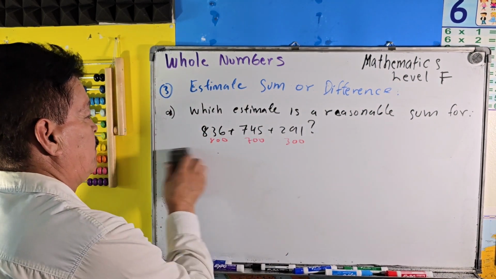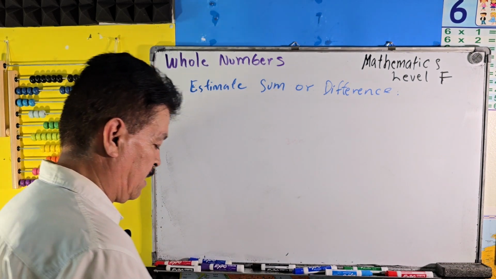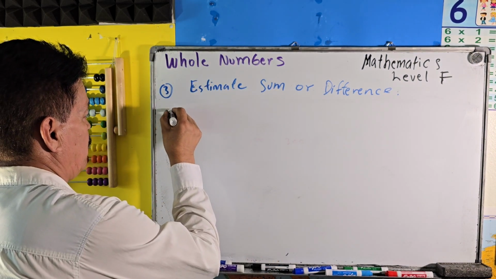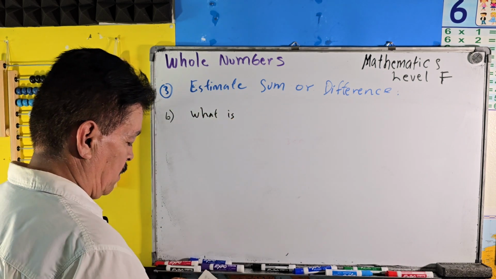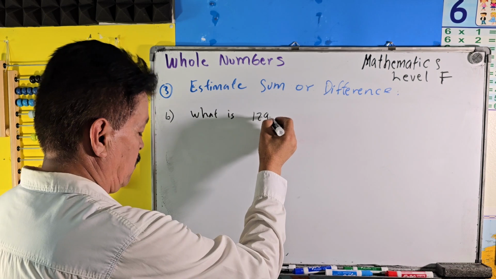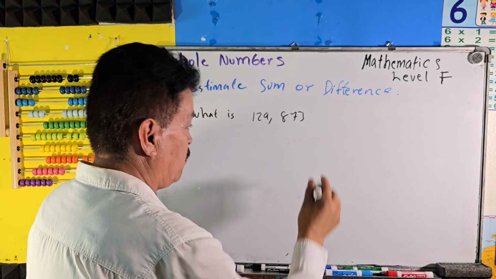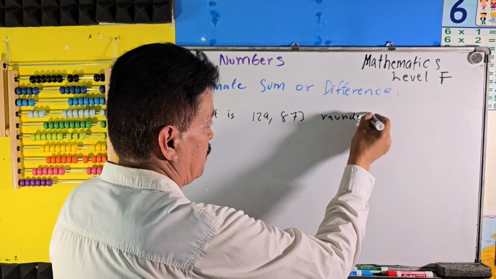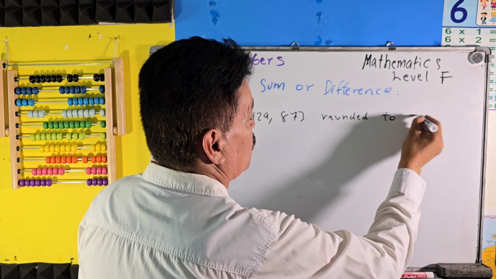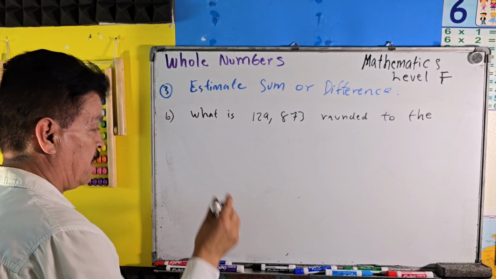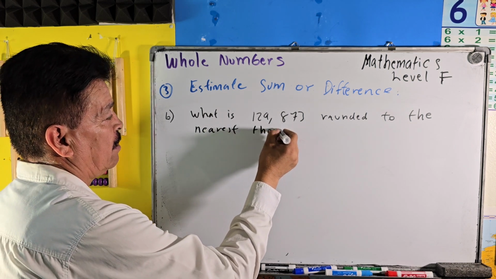Let's write another one. This kind of problem is coming in your test. So what is 129,873 rounded to the nearest thousand, okay?